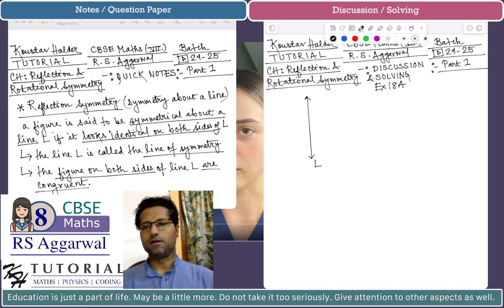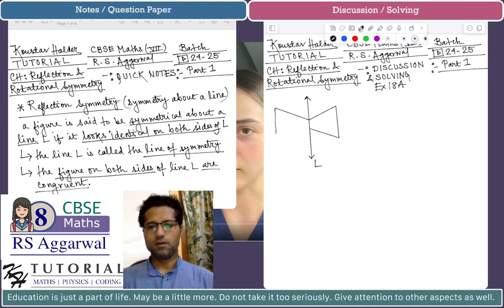Now, if a figure is symmetrical about this line, let's say there is a figure, I'm drawing a random figure. I don't know what kind of figure this is, but I will try to make it symmetrical. I hope it is looking more or less symmetrical.